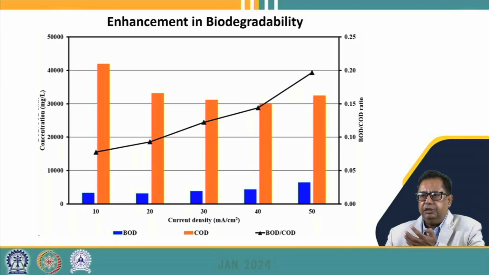For example, let us say that we are having wastewater generated from pharmaceutical industries. Okay, so this wastewater may contain certain compounds which are highly toxic to the microbes which are used for the degradation of the wastewater.